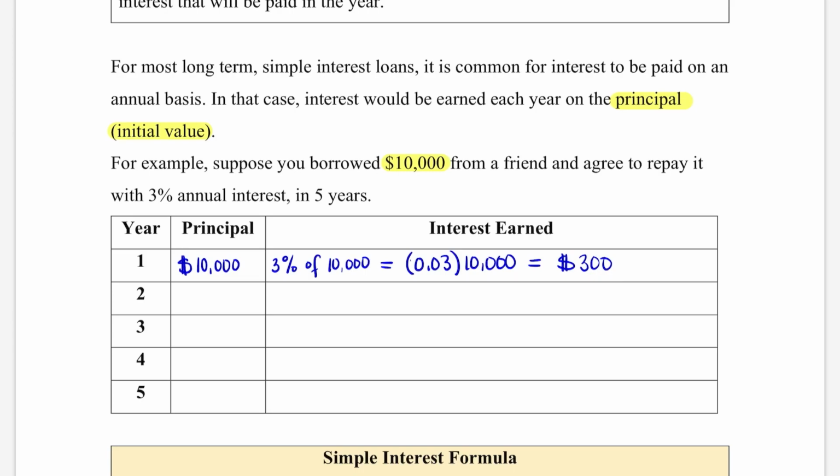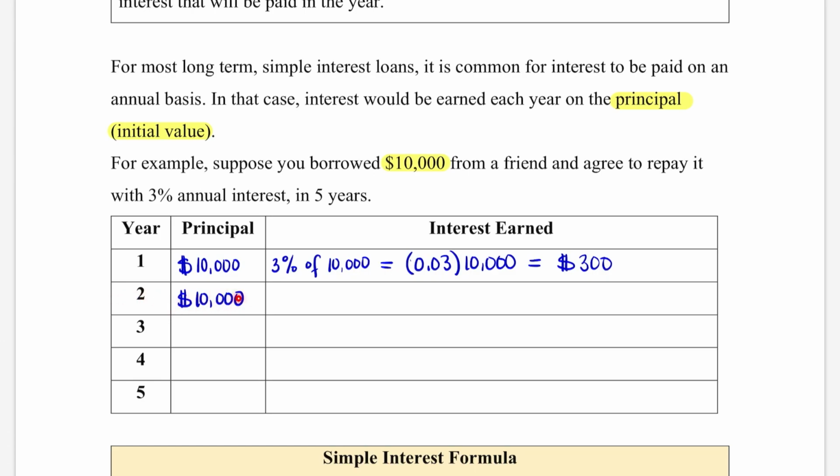For the second year, because this is simple interest, I don't add the interest into my principal. My principal will stay the same for the whole 5 years. So it's going to be $10,000 on the second year. I still owe my friend $10,000.